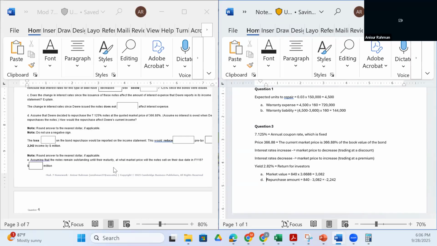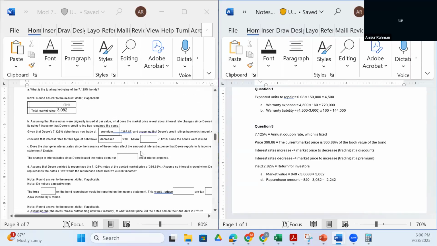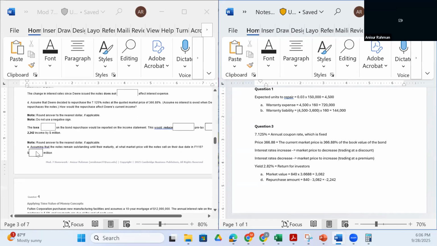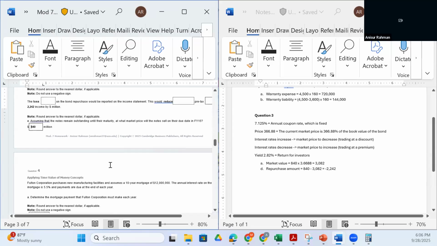Remain outstanding basically means the company will not repurchase. So they just have to pay back the book value, which in this case is 840 million. So 840. Okay, that is the end of question 3.